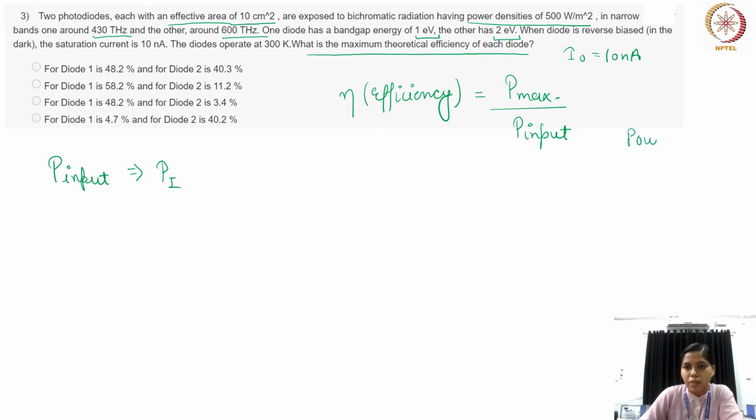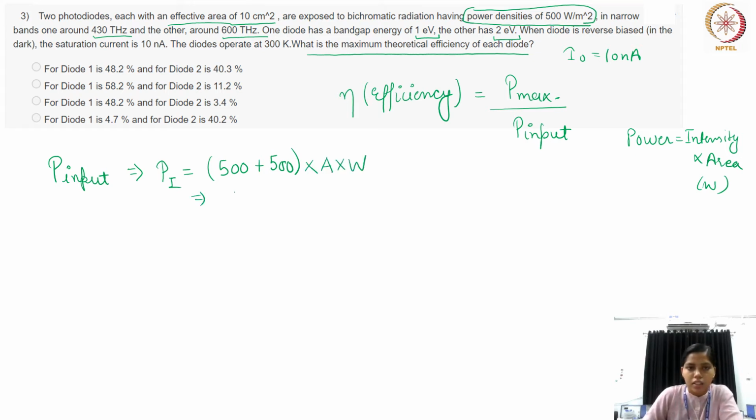Power is intensity, or the power density, multiplied by area, and the unit is watt. Since we are talking about both the diodes and the power density is 500 watt per meter square, the input power will be 500 plus 500 multiplied by the area, which gives 1000 multiplied by A watt.